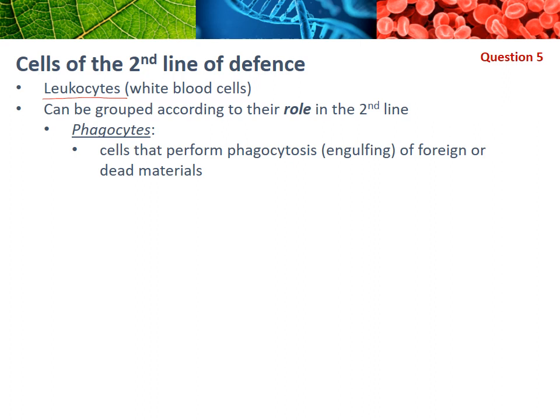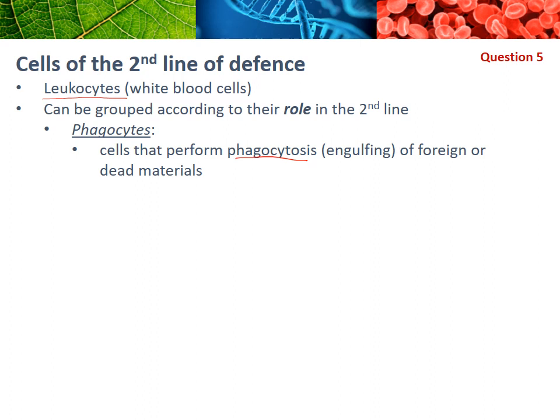So we have a group of cells called phagocytes. Okay, and you should remember this term, phagocytosis. It involves endocytosis, and it is something where a cell engulfs a part of another cell. You would have looked at that at the start of year 11.